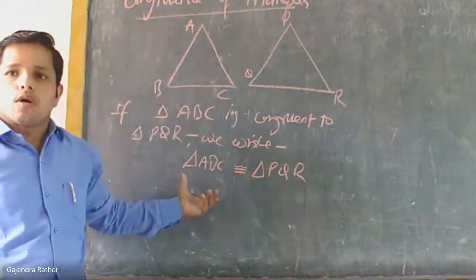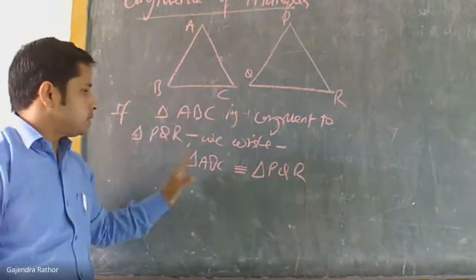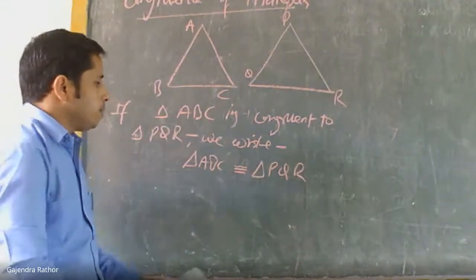So if two triangles are congruent, this should be represented like this: triangle ABC congruent to triangle PQR.